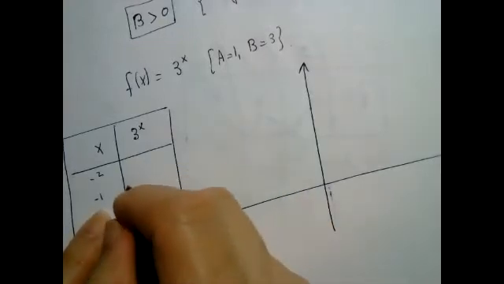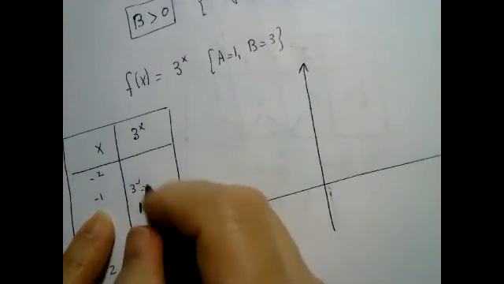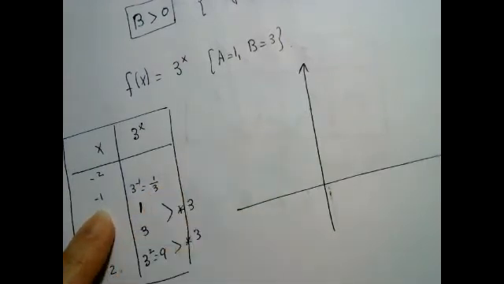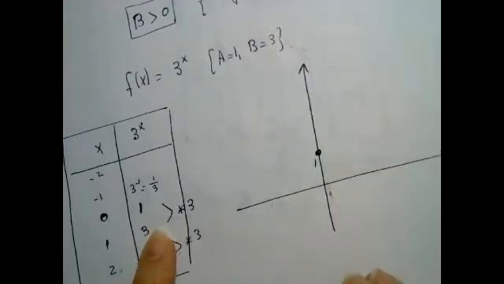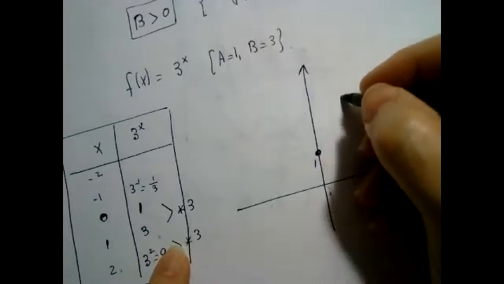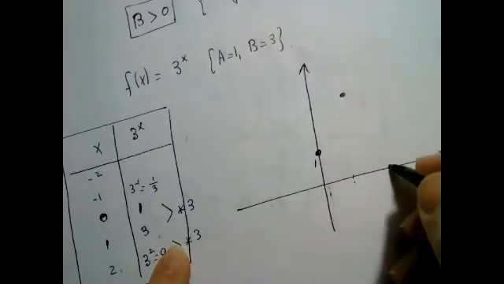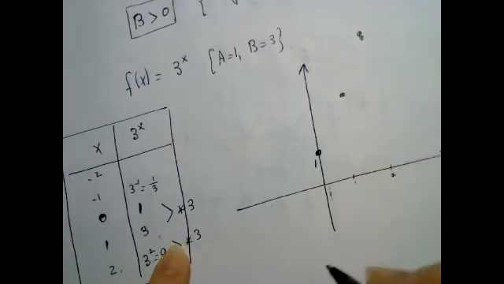At minus 1, let us see what it is. It's 3 to the minus 1, which is 1 over 3. So let me start drawing those points. This is the 1. After 1, it's increasing. It's multiplied by 3. At 2, it's multiplied by another 3, so it's really going up.